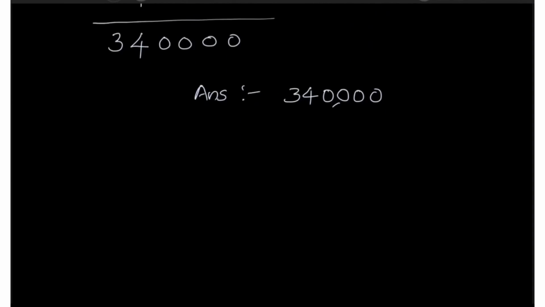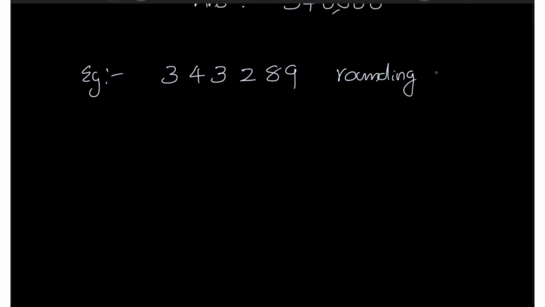Another example is here, that is 343,289. This is our question. Then rounding off to nearest 10,000.